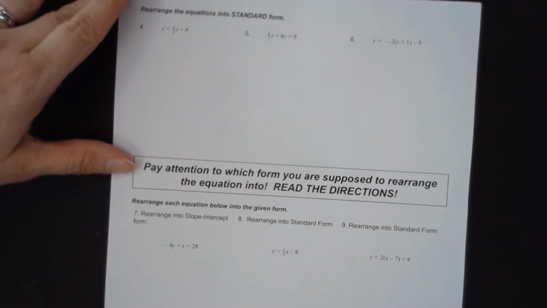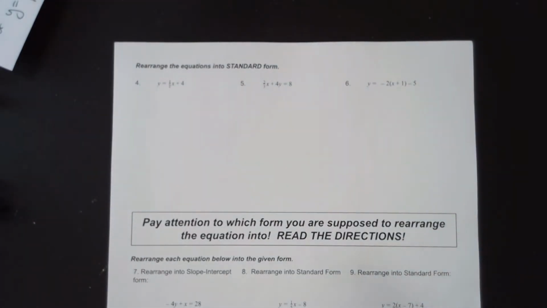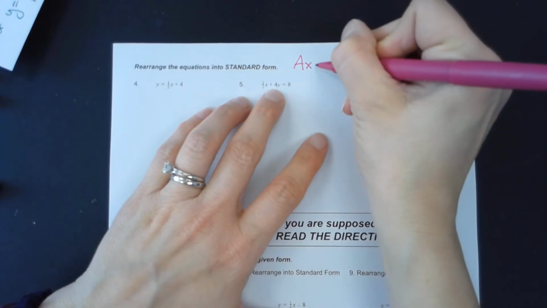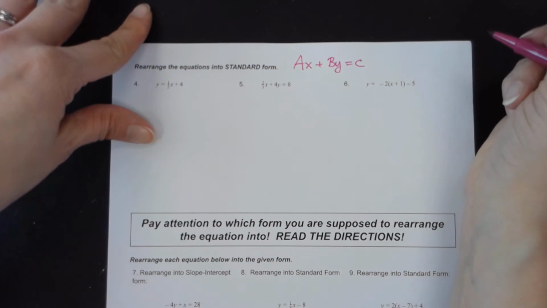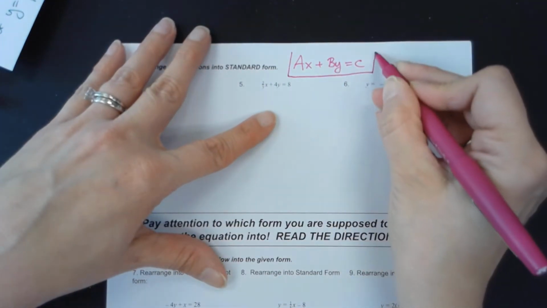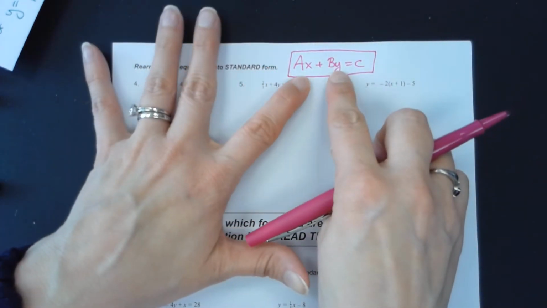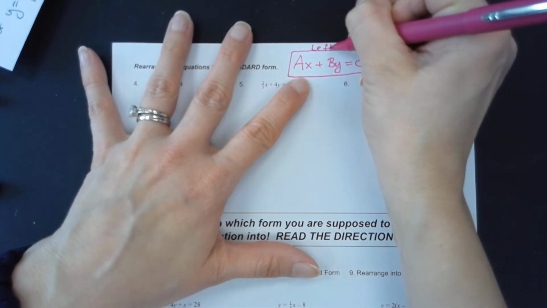Let's rearrange now into standard form. Let's remind people what standard form looks like. We've got ax plus by equals c. In this form, I've got x's and y's on the left.